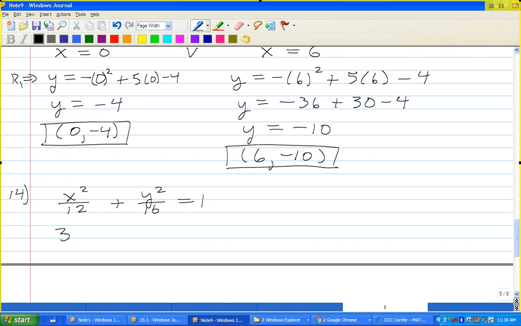And 3x squared over 35 plus 2y squared over 35 equals 1.